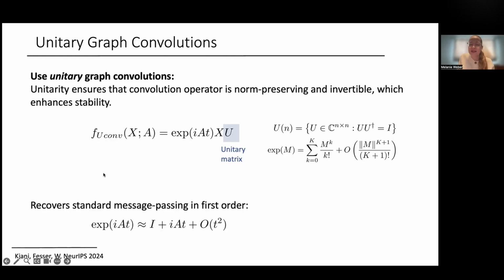So notice that in this case, unlike with the standard graph convolutions, we have a convolution operator that's complex valued. So this is something that one has to keep in mind from an engineering perspective if we actually implement this convolution operator.